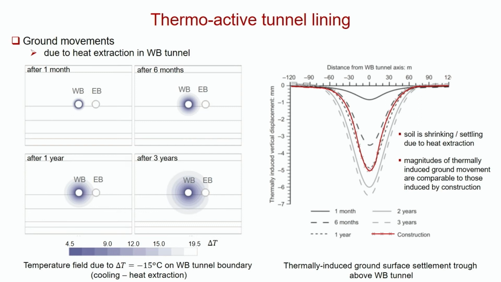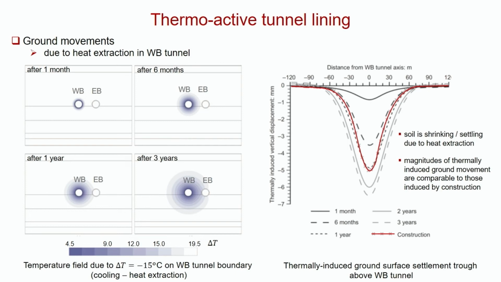But if we actually look at the surface settlements, the red line is the measured and predicted, in a way, surface settlement that's just due to construction. So we've got 5 millimetres of movement. If we then look at the added movement after 1 month, it is this. So this is not the total, it's what happens just due to cooling.